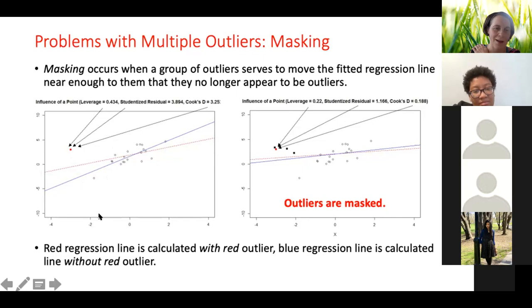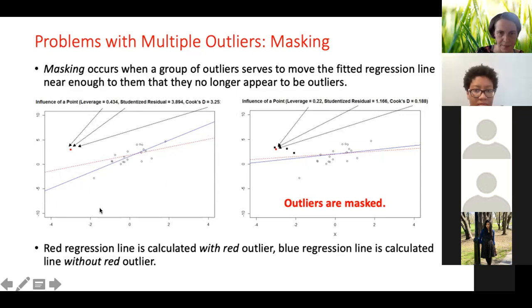I'm not sure why I'm mixing up everything in my slides today, so I have to check that as well. Here you see the outlier statistics for the influence of this red point: the leverage is 0.434, the studentized residual is 3.894, so quite high, right? You see that the deviation from the regression line is quite massive, and Cook's distance is also quite high here, right?